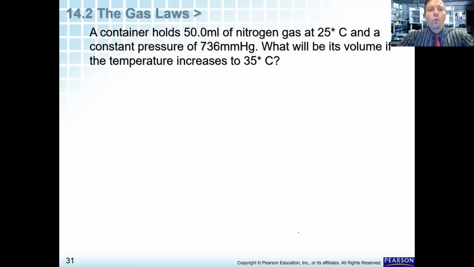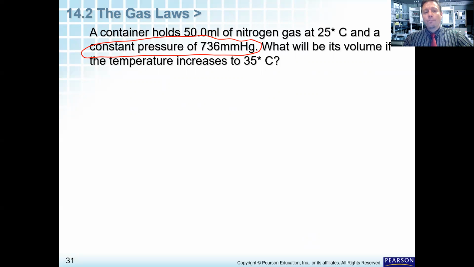All right, so let's look at a couple other problems here. A container holds 50 milliliters of nitrogen gas at 25 degrees Celsius and a constant pressure of 736 millimeters of mercury. What will be its volume if the temperature increases to 35 degrees Celsius? All right, so right away, just reading this, constant.